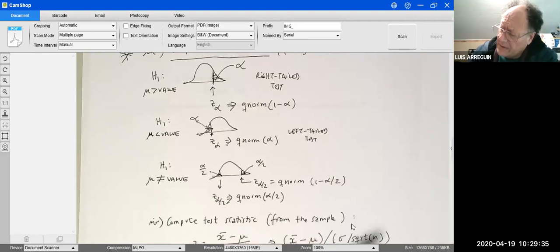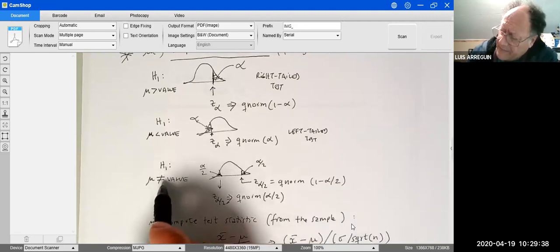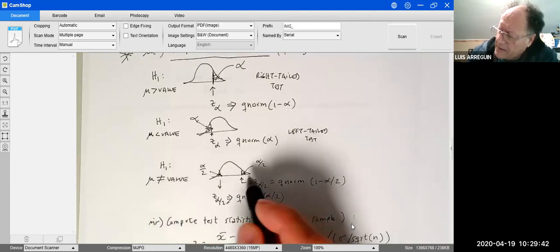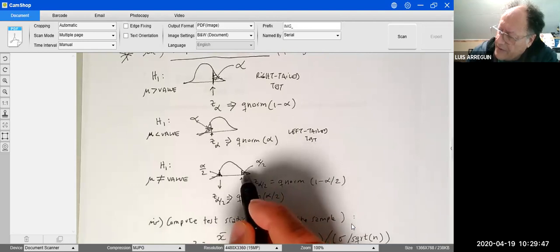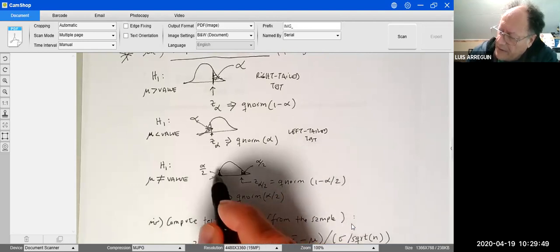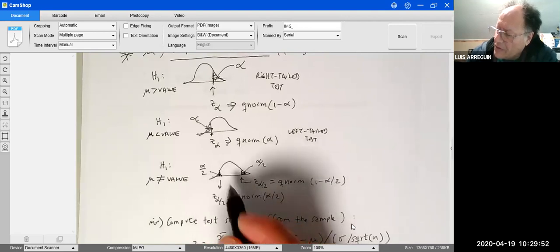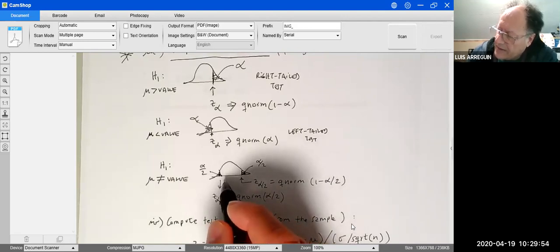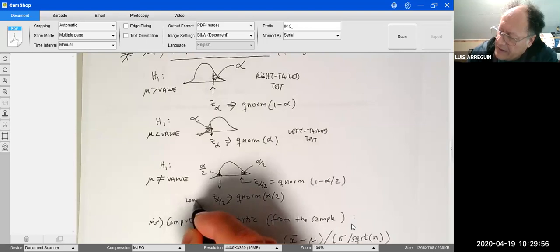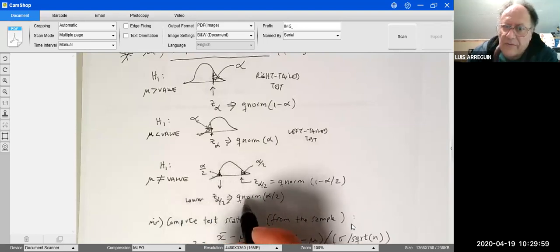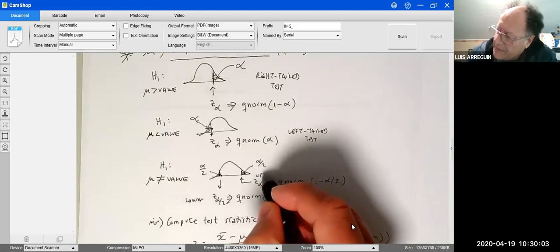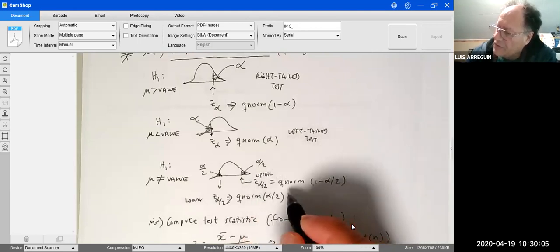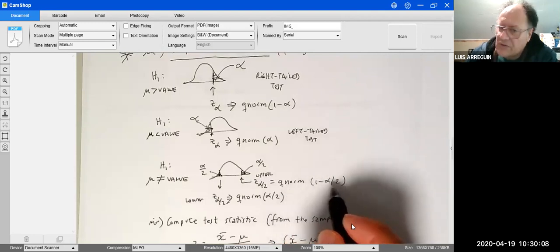And if your alternative is written as an inequality, the parameter different than the value, then you split your alpha in two parts: alpha over 2 for the upper part and alpha over 2 for the lower part. So now you need two critical values. The lower critical value, z alpha over 2, is just qnorm of alpha over 2, and the upper z alpha over 2 is qnorm of 1 minus alpha over 2.